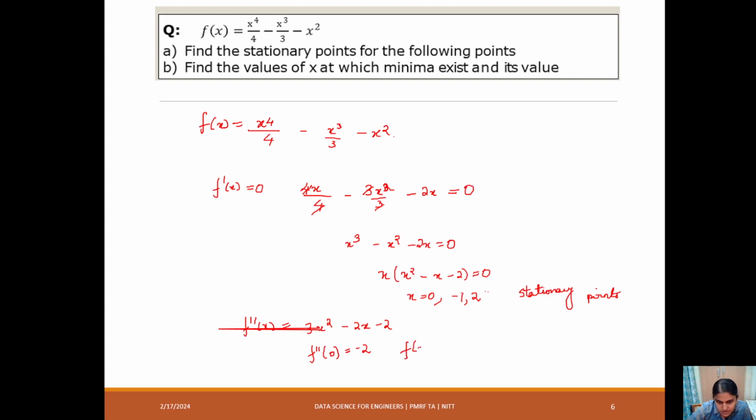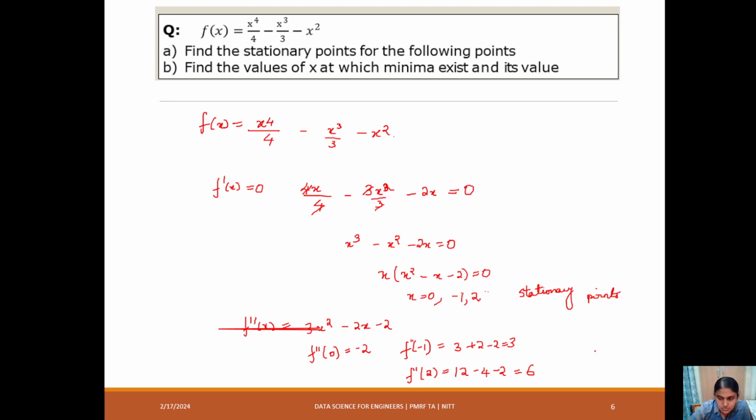Then f double dash of minus 1 you will be getting 3 plus 2 minus 2, so equal to 3. Then f double dash of 2 you will be getting 12 minus 4 minus 2, that means 6.